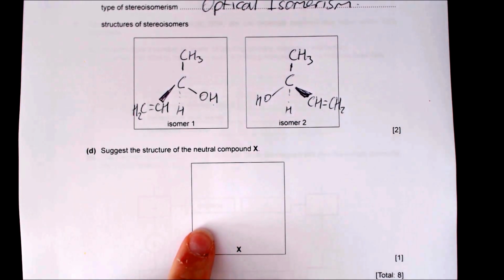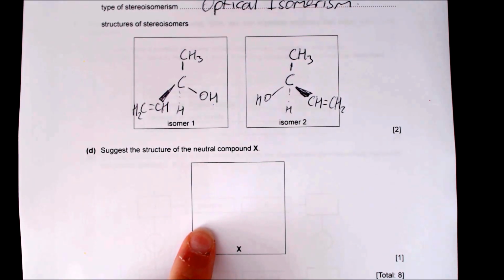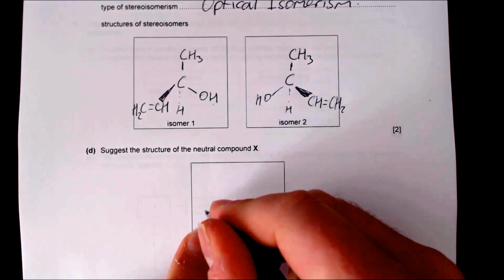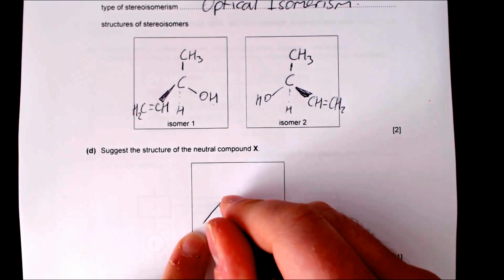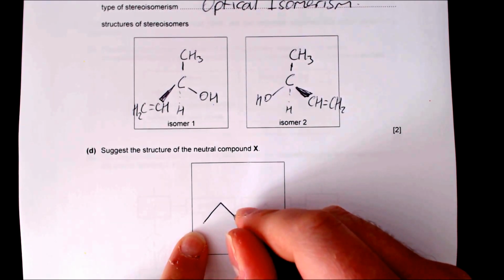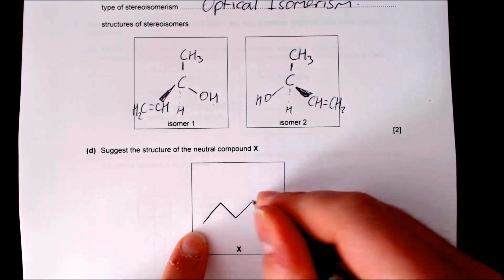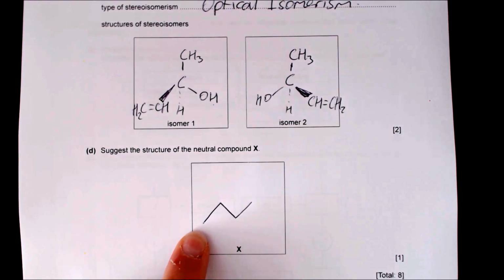So compound X, remember the formula for compound X was C4H10O3. So we're going to have 4 carbons here. So we're just going to draw in 1, 2, 3, 4. And remember on the end, we had the alcohol already. So X, remember, was formed when both V and W produced the alcohol.